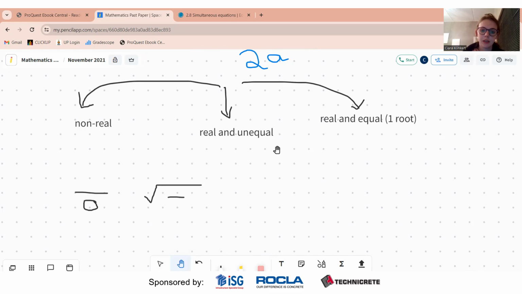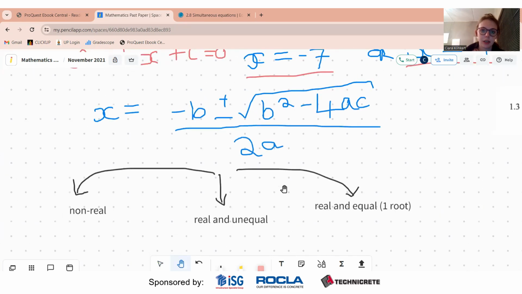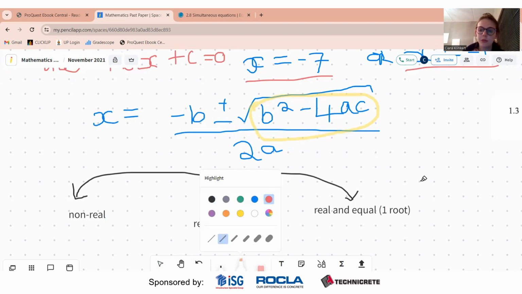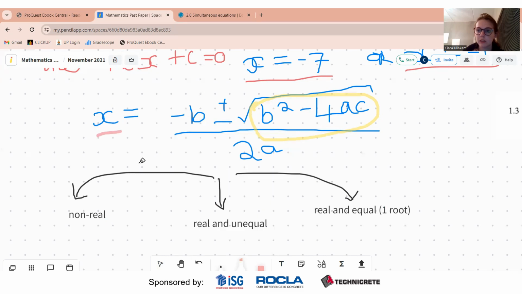Now, if we look at our quadratic formula, do you see that we have a square root here? We have stuff under the square root here. And we could get non-real x roots, solutions of our equation, if this quantity is negative, if it is less than 0.